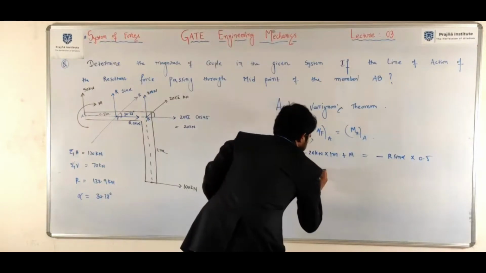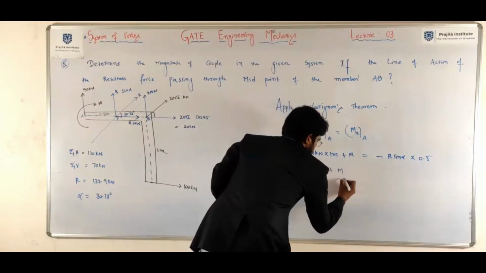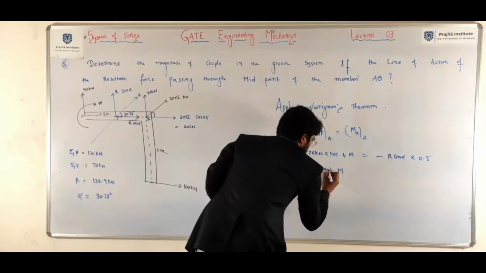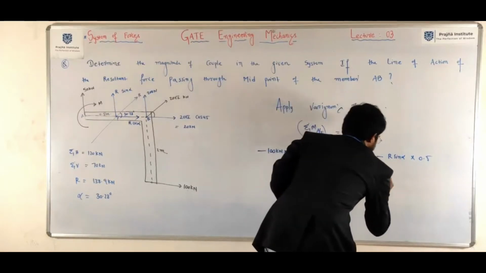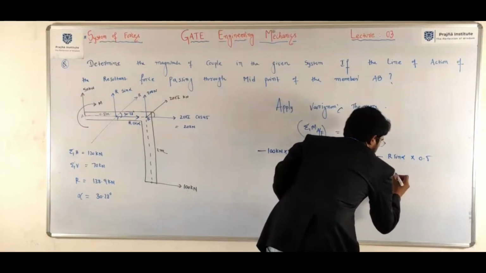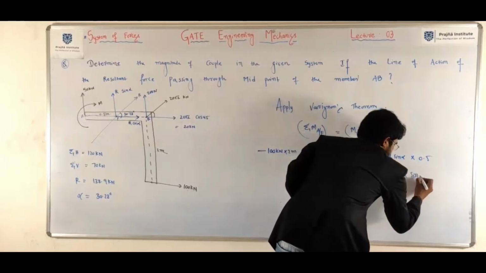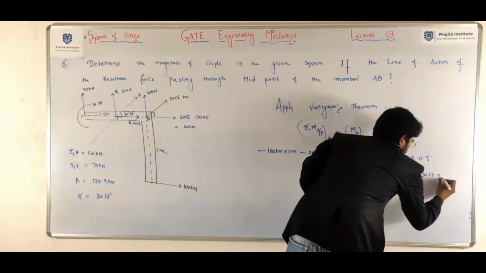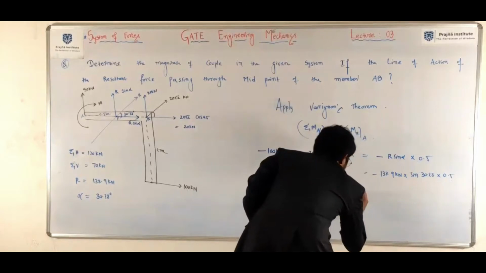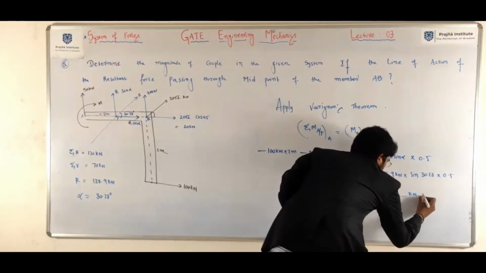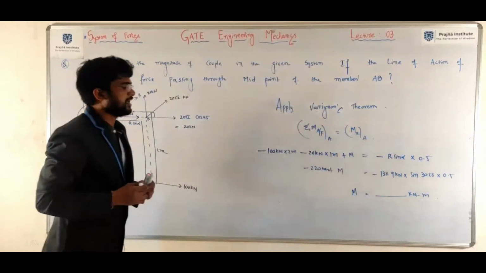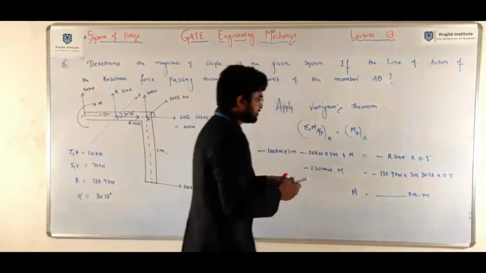Here, minus 220 plus M kilonewton meter equals minus 138.9 kilonewton sin 30.28 into 0.5. Finally, M equals dash kilonewton meter. Tell me, you should get 185.